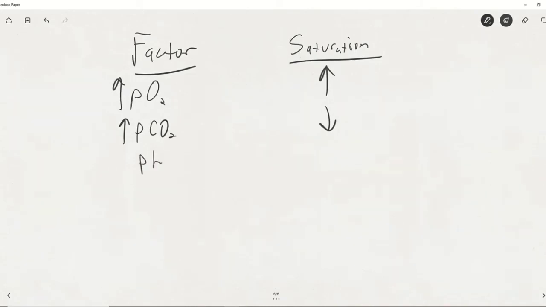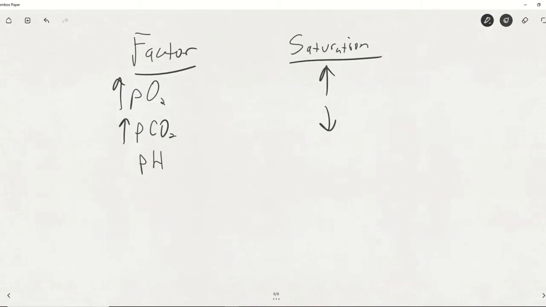Next, pH. Earlier I asked you, what did it mean when H plus went up? Well, hopefully everyone remembers, pH is a measurement of H plus concentration. H plus is a proton. It's the hydrogen ion.